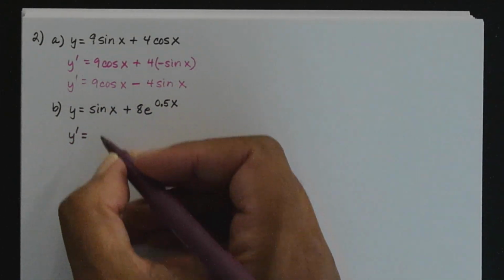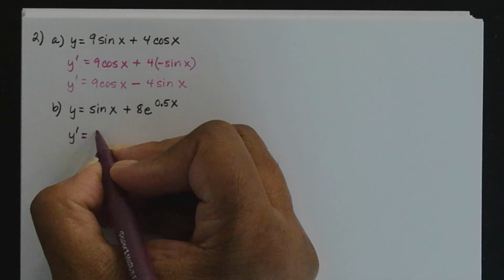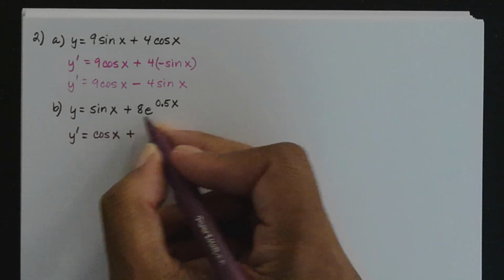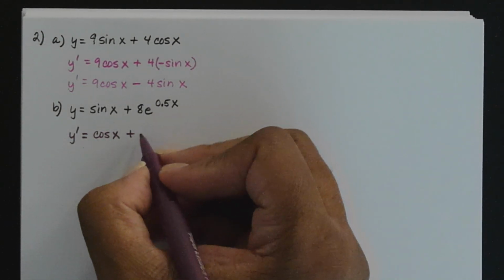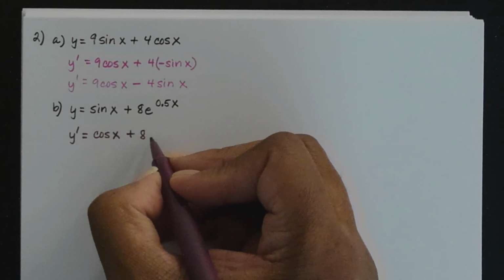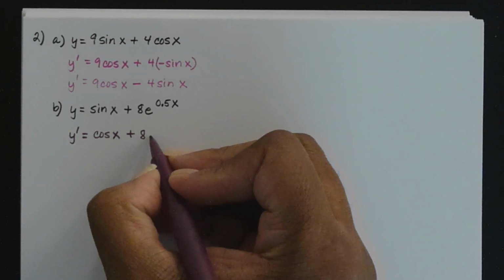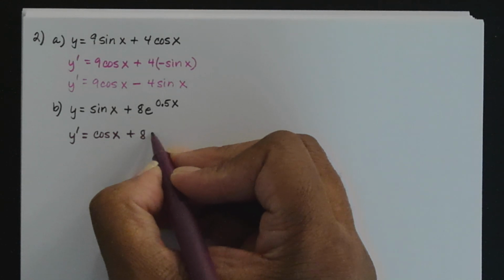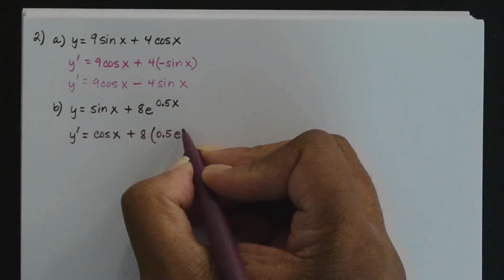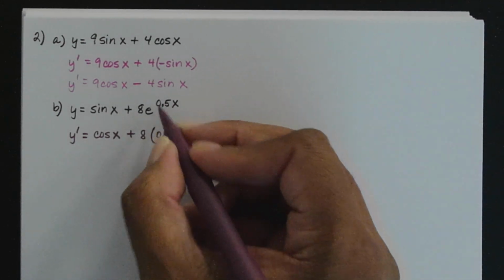The derivative of the sine of x is cosine of x. And then plus, now for 8e to the 0.5x, I'll bring down the 8. Now what's the derivative of e to the 0.5x? It's 0.5 e to the 0.5x, you're right about that.